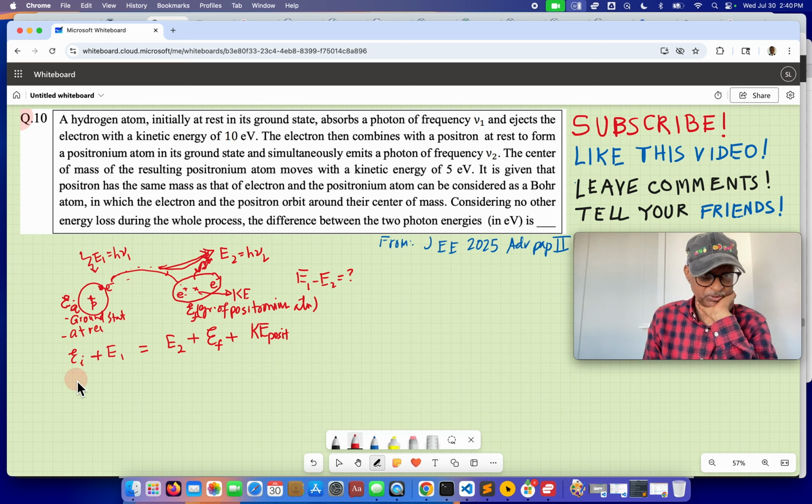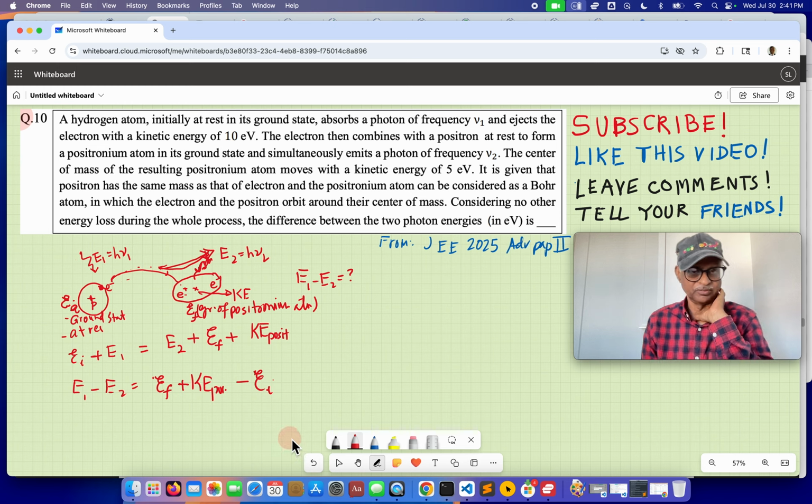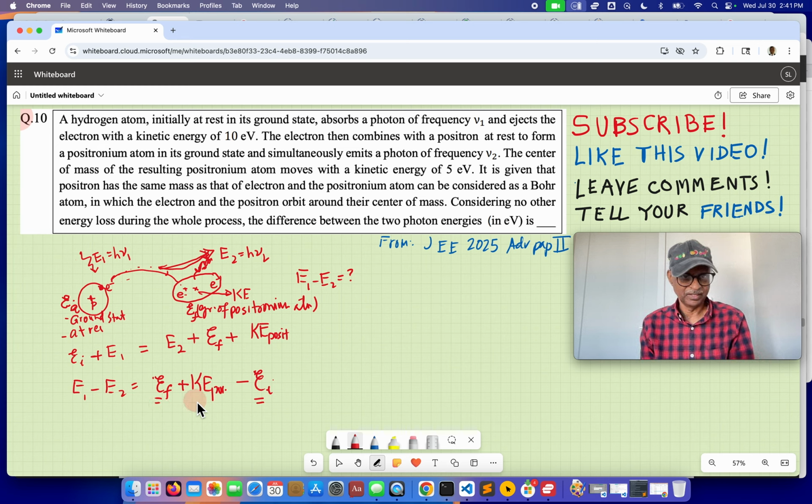From here I should be able to get E1 minus E2, which will just be equal to E final plus the kinetic energy of positronium minus E initial. So this is the ground state energy of the hydrogen atom, this is the ground positronium atom, and this kinetic energy is given. That's all the problem is.